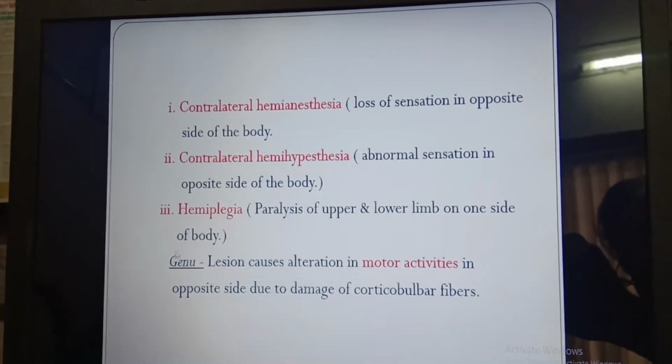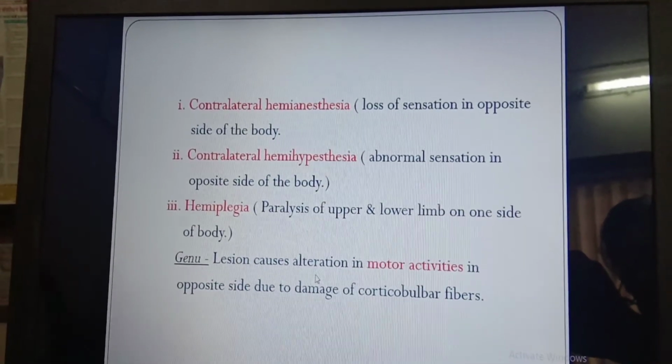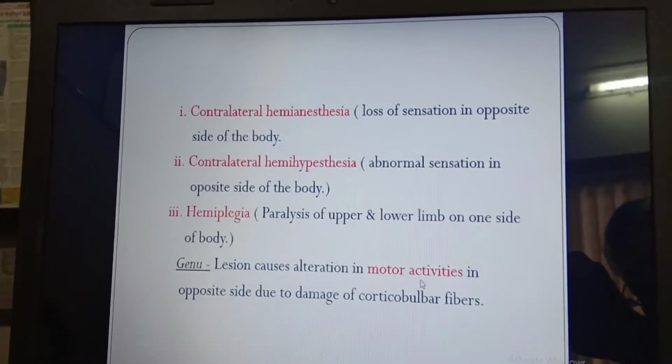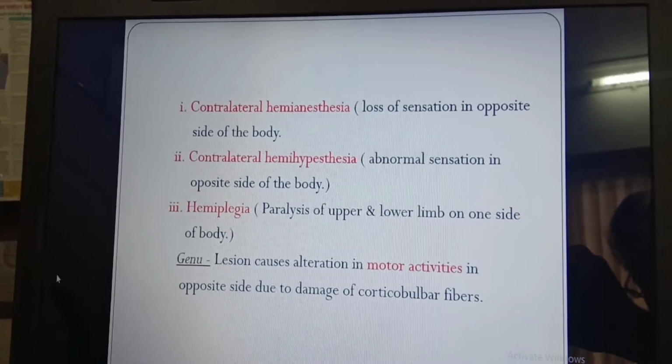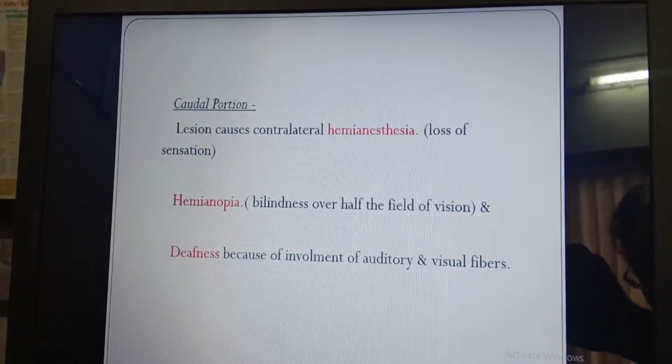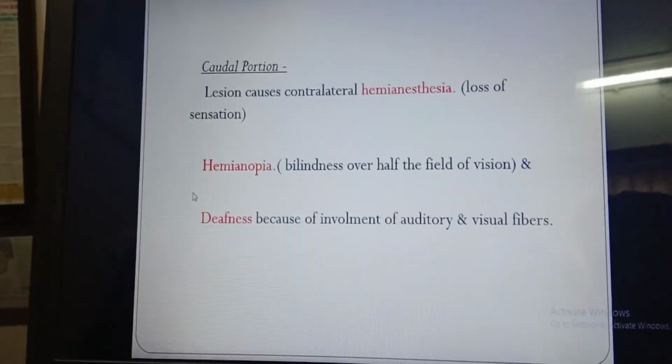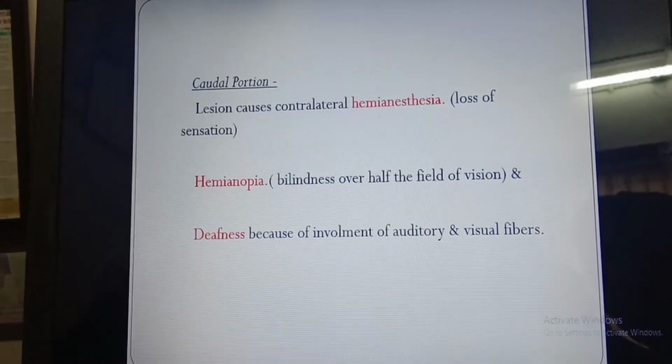If there is a lesion at the genu, it is going to cause alteration in motor activities on the opposite side, because the genu contains corticobulbar fibers. And if there is injury at the caudal portion, it is going to cause manifestations of the ear and of vision.